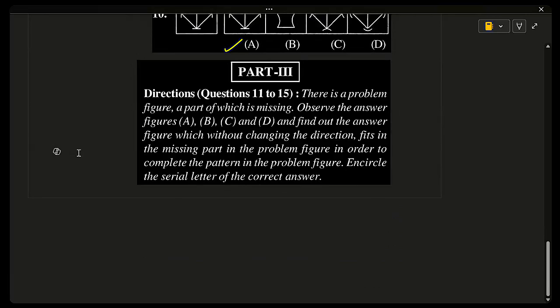Directions for question number 11 to 15. There is a problem figure, a part of which is missing. Observe the answer figures A, B, C, D and find out the answer figure which, without changing the direction, fits in the missing part of the problem figure in order to complete the pattern. So direction should not be changed. This is figure completion. So you have to complete the figure pattern without rotation.